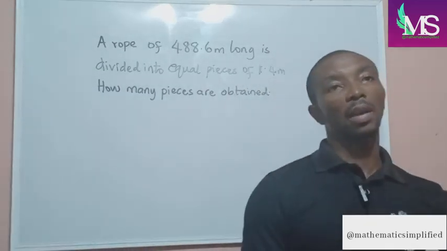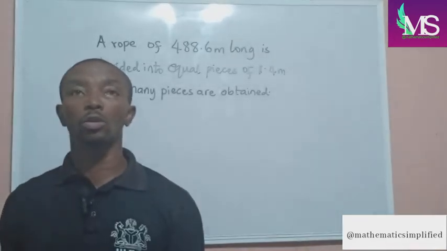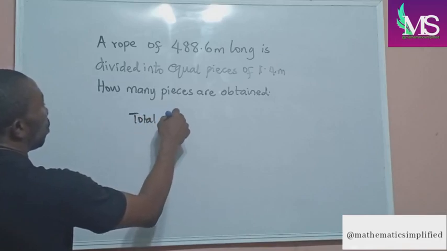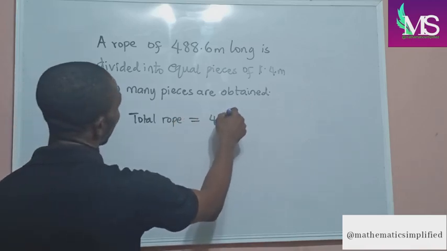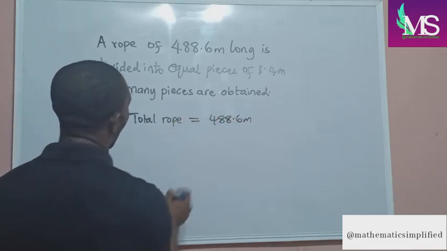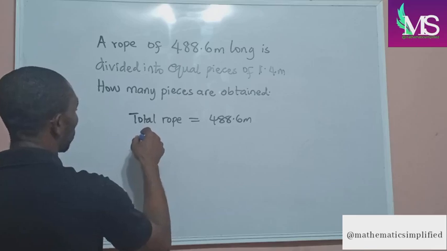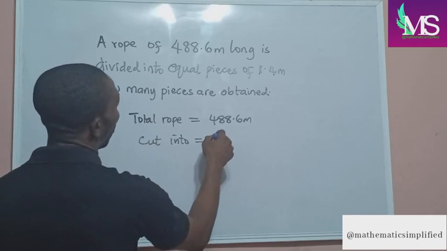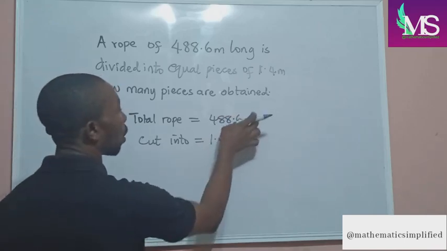Now, in order to calculate how many pieces are obtained from the rope, since our total length of rope equals 488.6 meter, and it was cut, piece per cut, into 1.4 meter. Now, how many of 1.4 can we get from this?